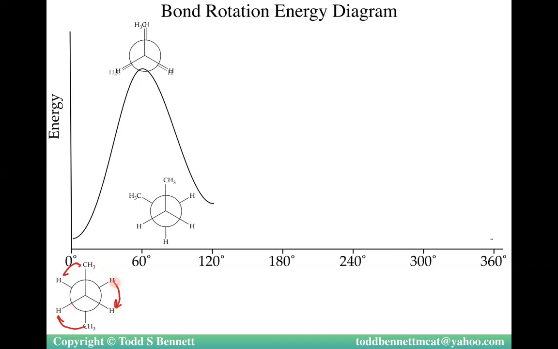I'm sorry, gauche, gauche, gauche, gauche, and 2 H's. So 4 CH3 to H interactions that are gauche, 2 HH gauches. This one will have 2 H to CH3 gauches, so not 4, and it has 3 HH gauche interactions, but the big one is a CH3 that is gauche. 2 CH3s, that gauche interaction is going to add instability to the system and make it a higher energy.